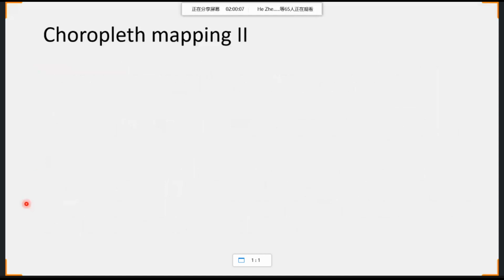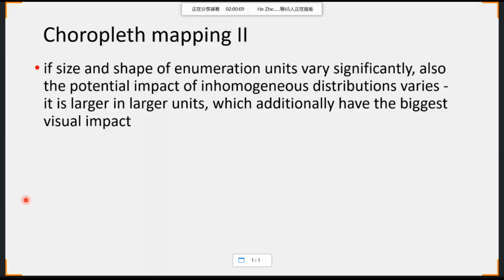If size and shape of enumeration units vary significantly, also the potential impact of inhomogeneous distribution varies. It is larger in larger units, which additionally have the biggest visual impact. So you have to take this into consideration as well.